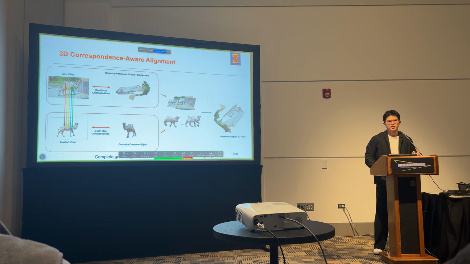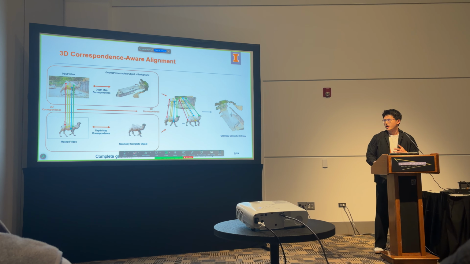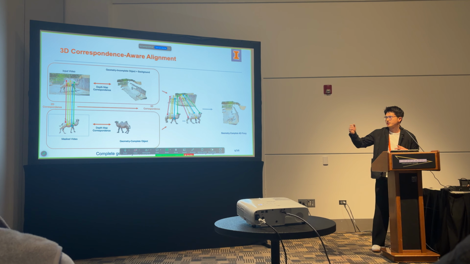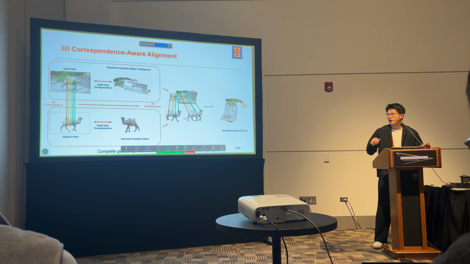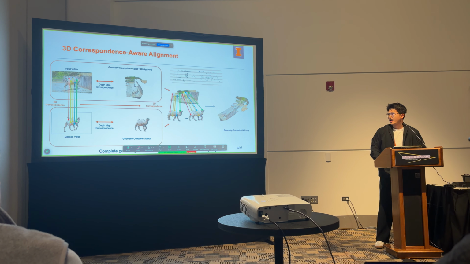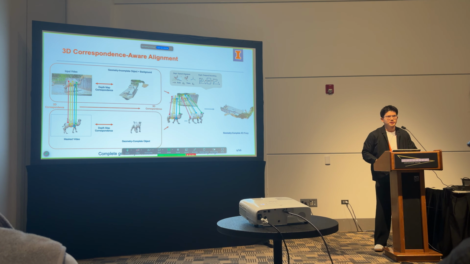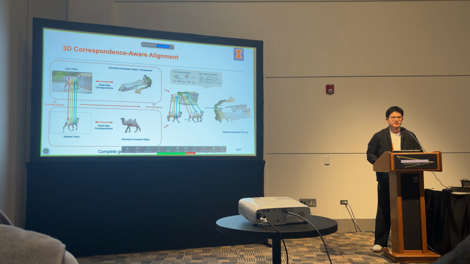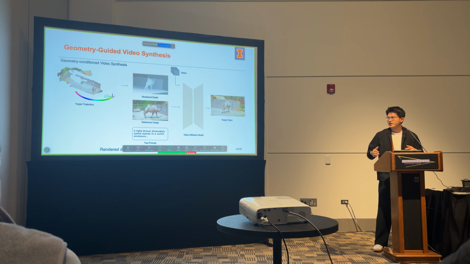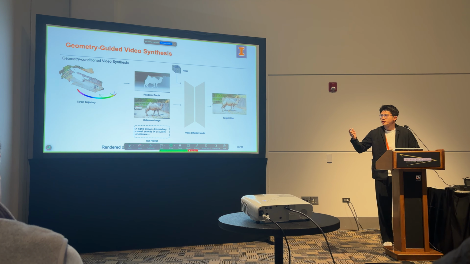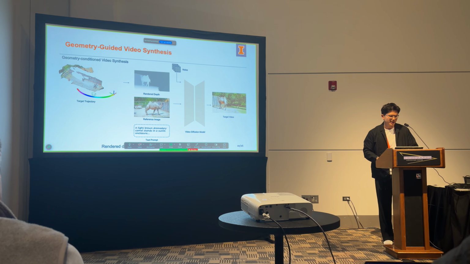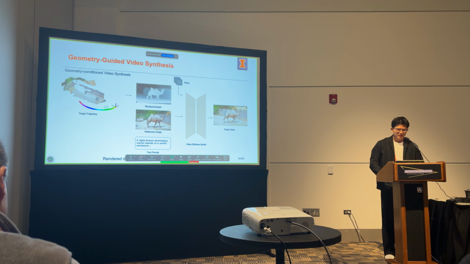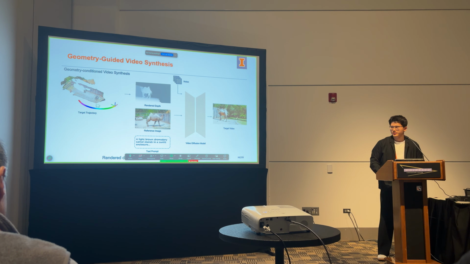And we raise this 2D correspondence to 3D and align this complete geometry back to the world coordinates. And in the end, we have this background reconstruction together with this complete geometry in the whole workspace. With this, you can get an arbitrary target trajectory as you wish, and together with the reference image and text prompt, you get the final video.